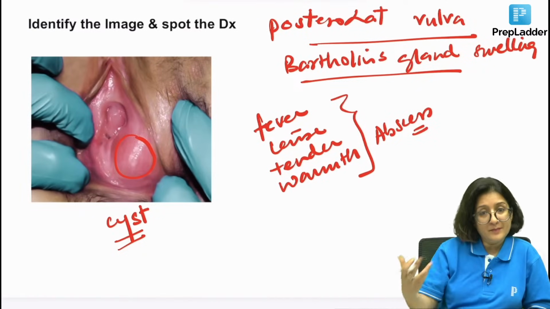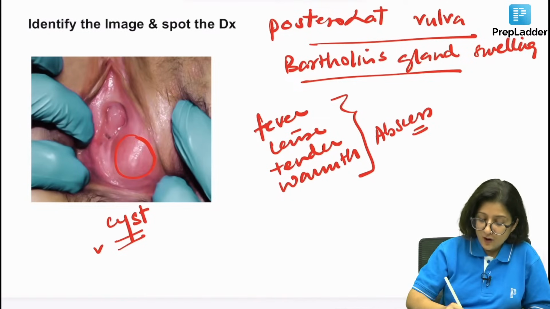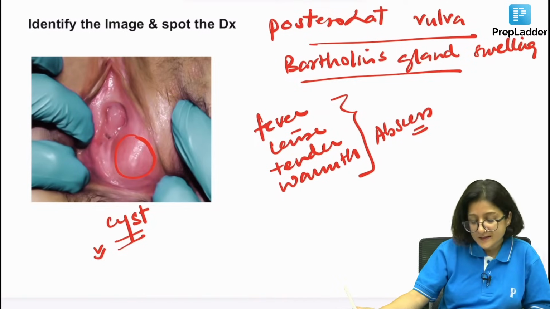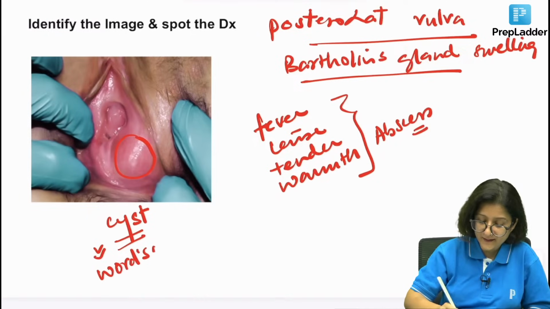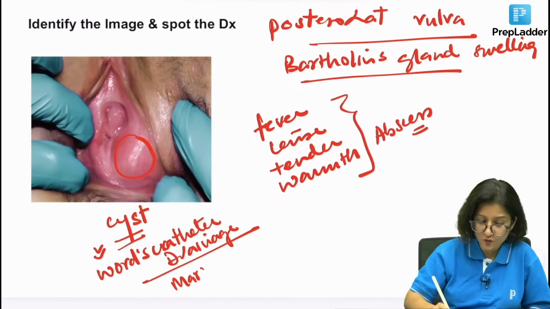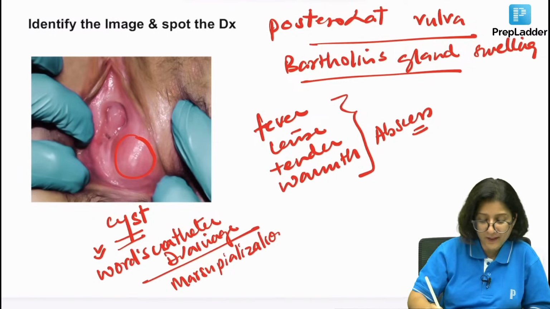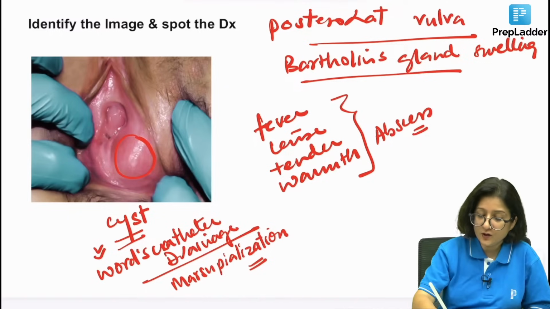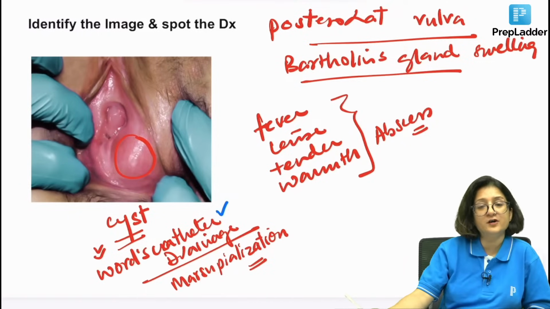So remember that, okay? Now, as long as it is a cyst, with a cyst we can go for Word's catheter drainage, or we can go for marsupialization. Remember this. These are two things that we can do. There is a small catheter specially designed for this.